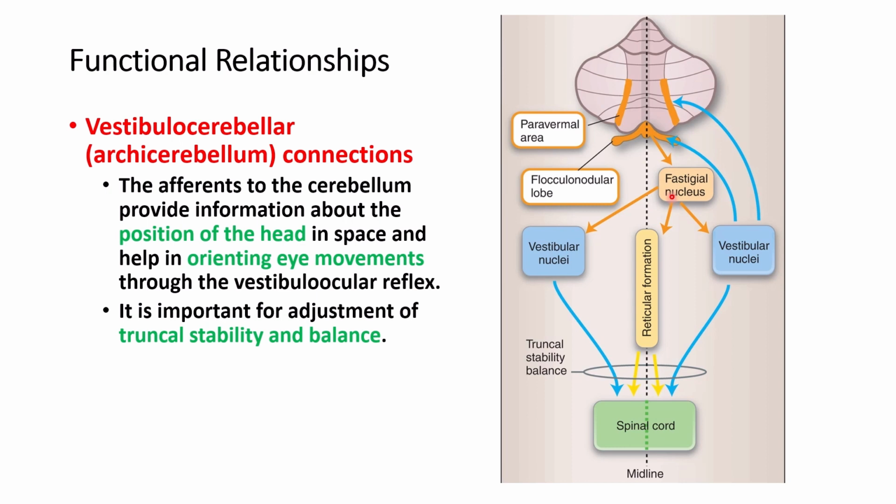Now the fastigial nucleus sends information back to the vestibular nuclei, bilaterally, and the vestibular nuclei send that information to the spinal cord. So this is the vestibulospinal tract. Also, the fastigial nucleus sends information to the reticular formation, and the bilateral reticular formation sends information to the spinal cord through the reticulospinal tract.